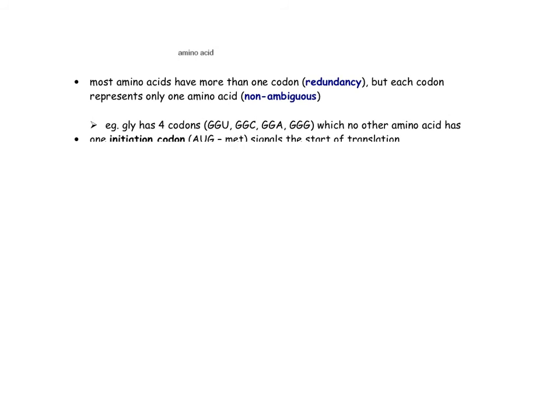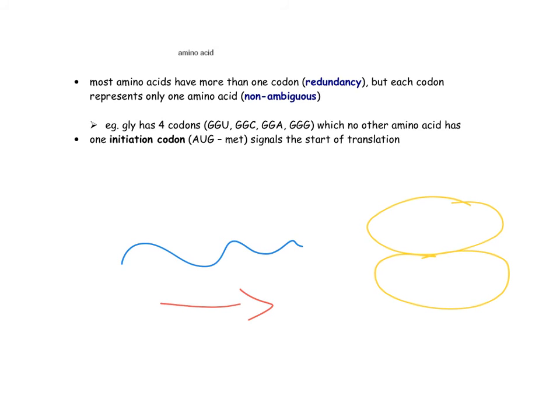A couple other points to mention. One of them is that there's always what we call an initiation codon. Imagine you have your mRNA strand, and it's on its way to the ribosome. But every single mRNA has the codon AUG.